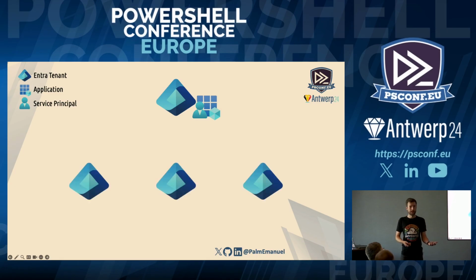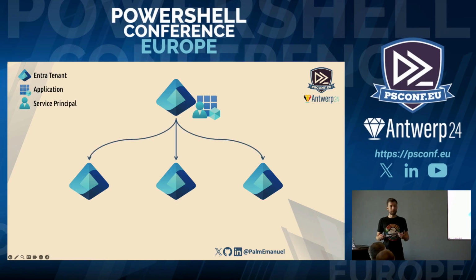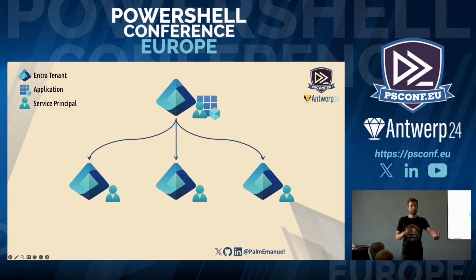But if we have multiple tenants, if I have an application that I want you to use in your organizations, then you need to consent to my application, or an admin in your organization needs to consent to it if you're not allowed to, based on tenant restrictions. And then when you do, you will have a service principal that my application can act through in your organizations. So that's how that works.